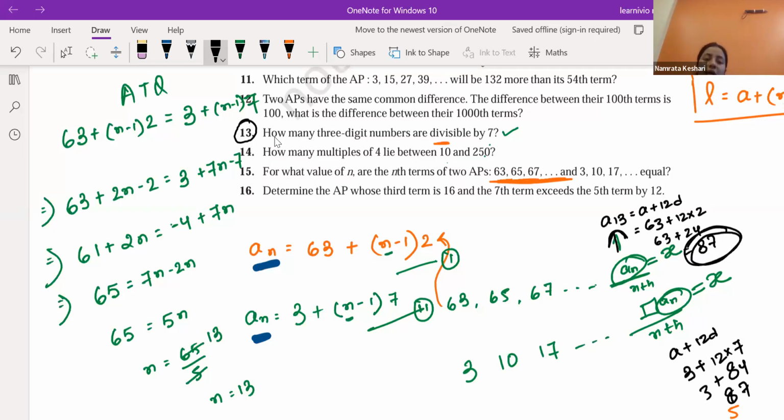Now the next one: determine the AP whose third term is 16 and seventh term exceeds the fifth term by 12. Okay, we have to determine the AP. Let me wipe everything from here.